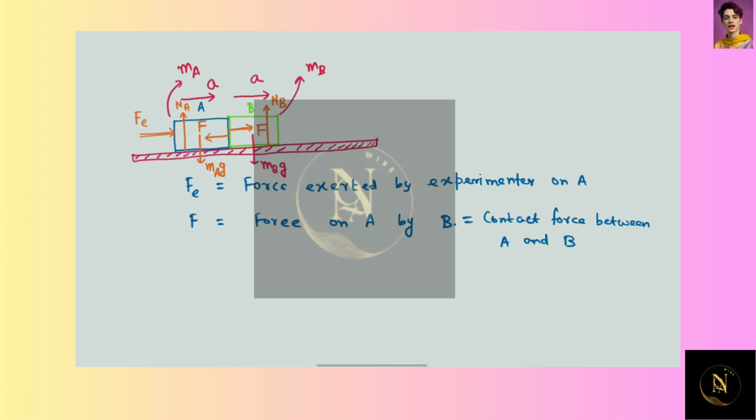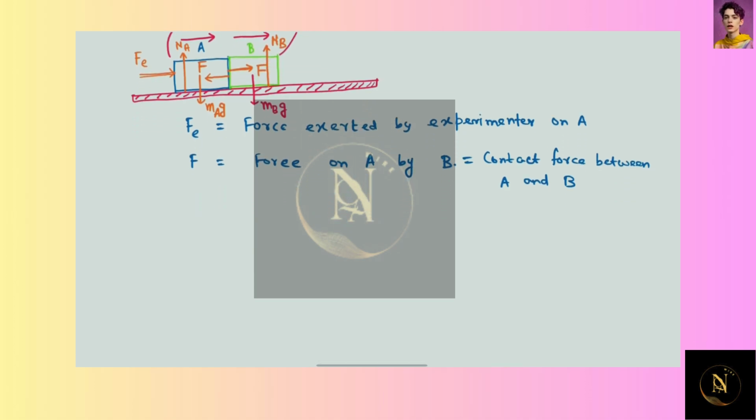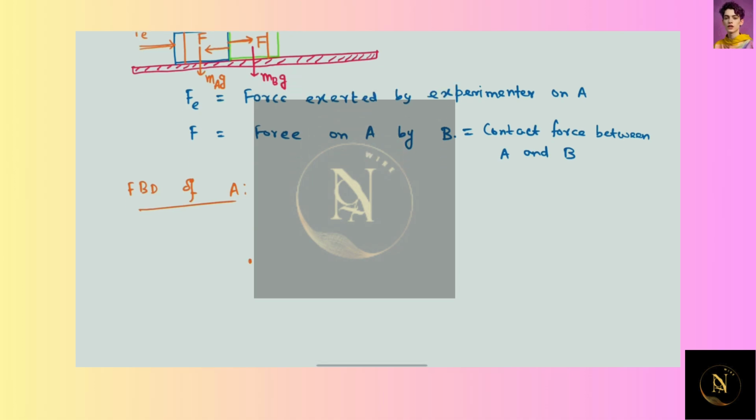So if I draw now the FBD of block A, the free body diagram of A, here is my block A. Ma g force is acting downward, Na force is acting upward, F force is acting backward, and Fe force is acting forward.